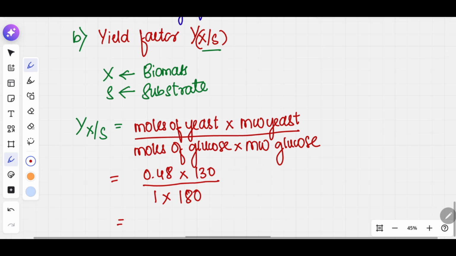So this will come up to 0.347. Okay, this means every gram of glucose will give us about 0.35 grams of yeast. Not super efficient, right? A lot of it goes into carbon dioxide and water.